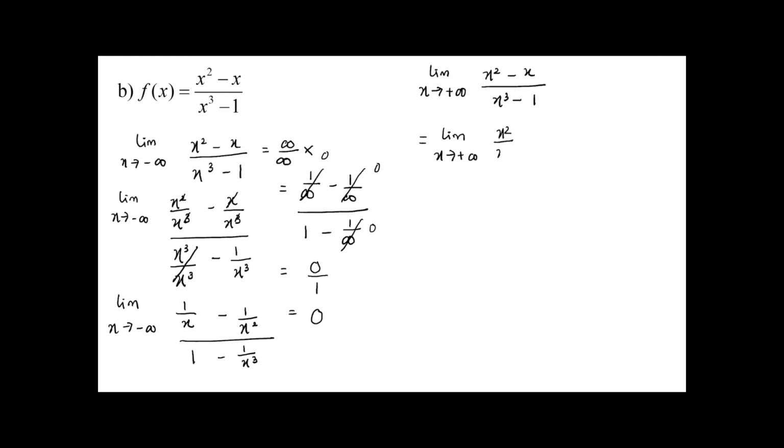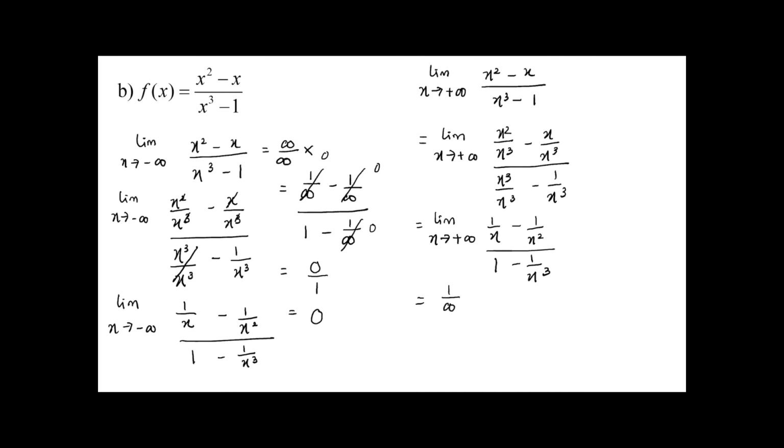Limit as x approaches positive infinity of x squared over x cubed minus x over x cubed, divided by x cubed over x cubed minus 1 over x cubed. And then once again, you simplify your answer. So you will have the limit as x approaches positive infinity of (1 over x minus 1 over x squared) over (1 minus 1 over x cubed).